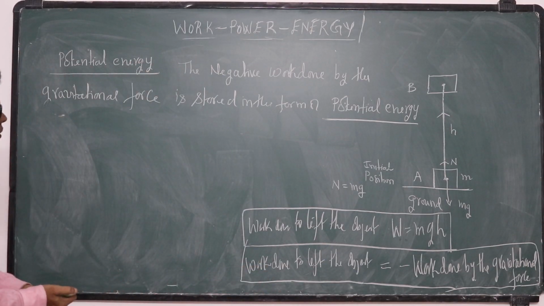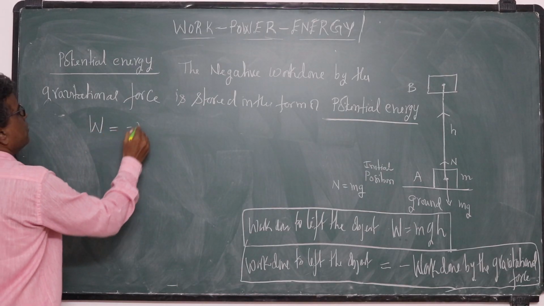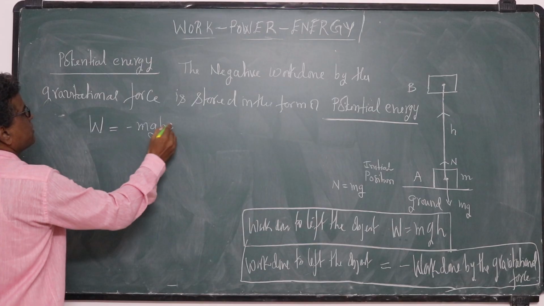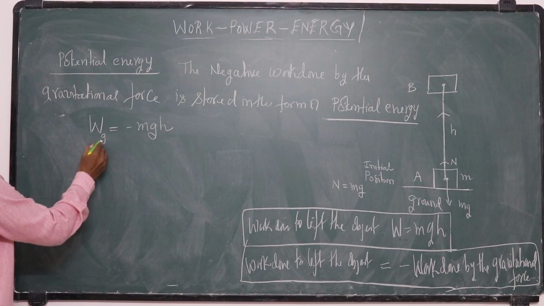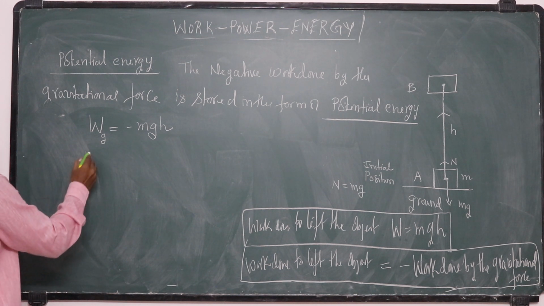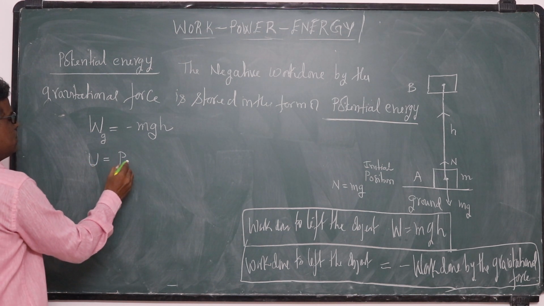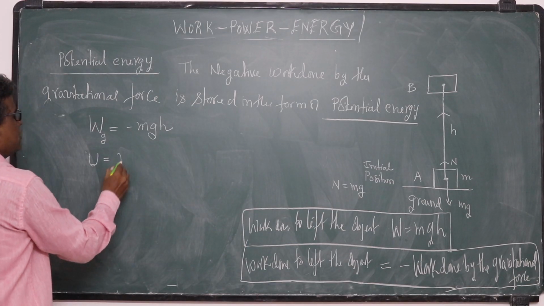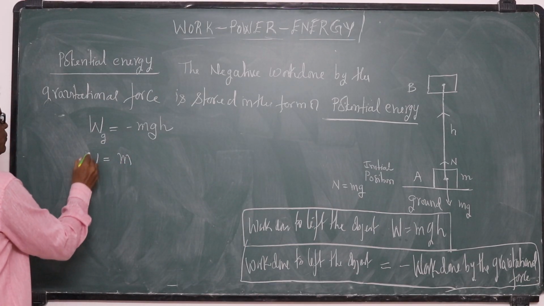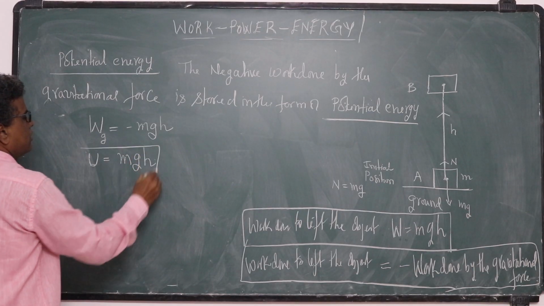So what is the negative work done by this gravitational force? W is equal to minus mgh. This is work done by gravity, G represents gravitational force. It is stored in the form of potential energy. So we can write potential energy, represented with letter U, as mgh.